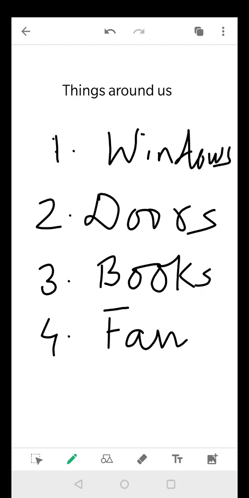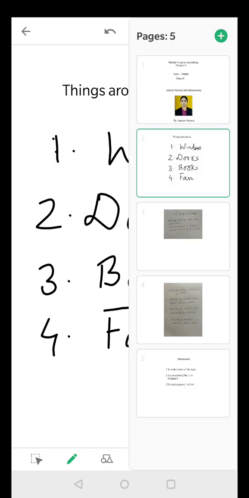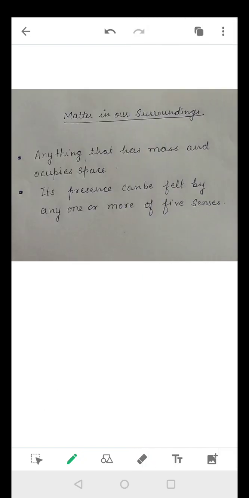Exactly. So all these things are called matter. What are these things called? Matter. So let's look up the definition of matter. Anything that has mass and occupies space is called matter.